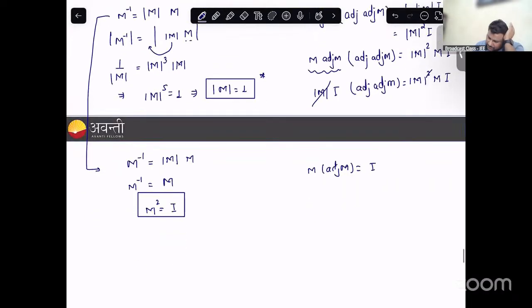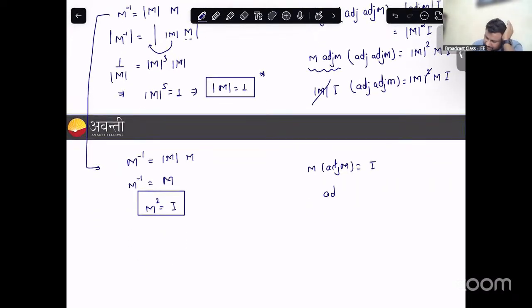That means adjoint of M is going to be M inverse. And if adjoint of M is M inverse, and I know from here M inverse is equal to M, so I got M into adjoint of M as I.